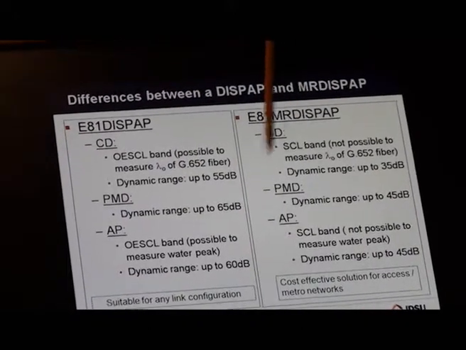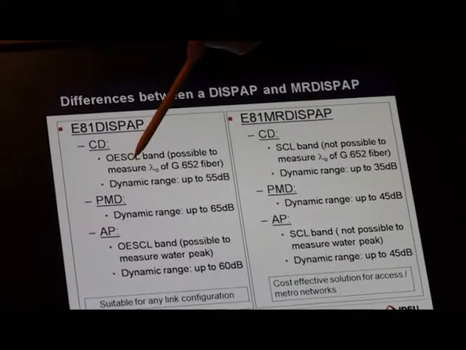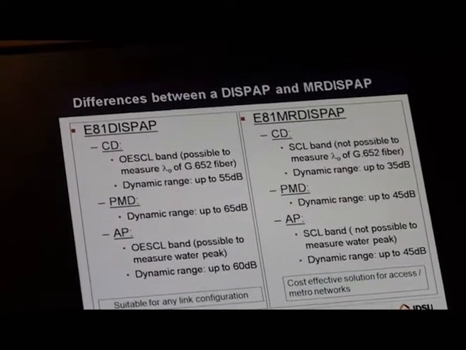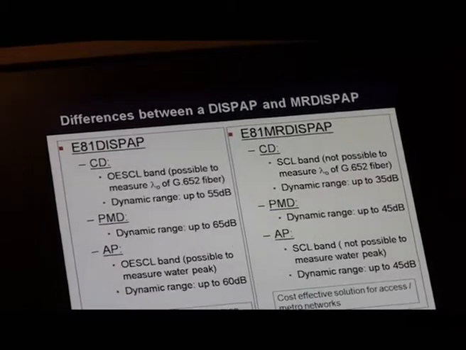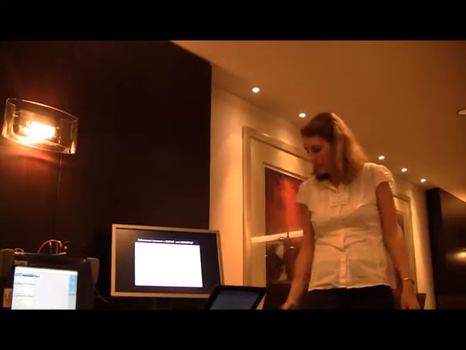Because you can get a measurement at 1310, but it will be an approximation, whereas this is really measured at 1310. But in reality, right now I think 70% of what we sell in Europe is medium range dispatch. It is enough in most of the cases, and much cheaper than the dispatch.